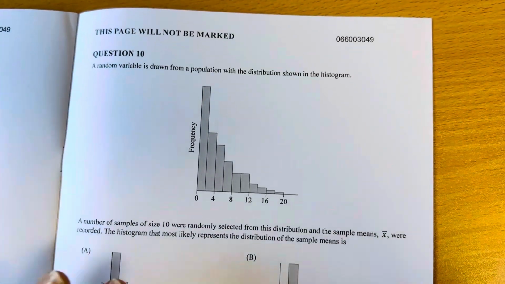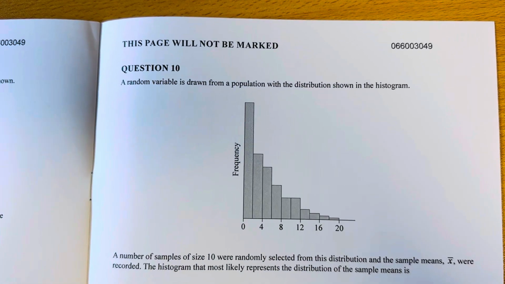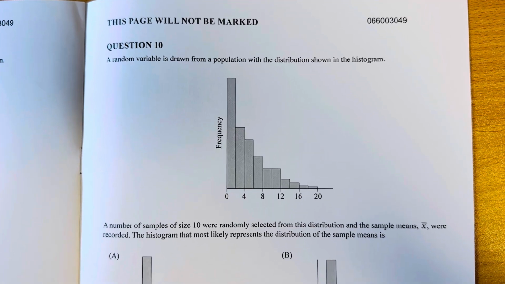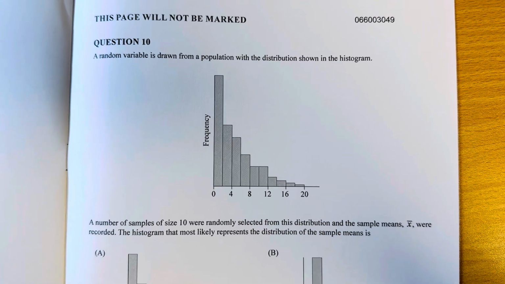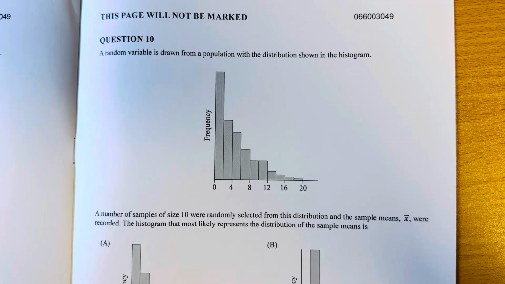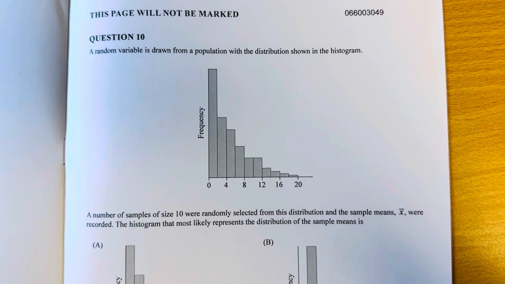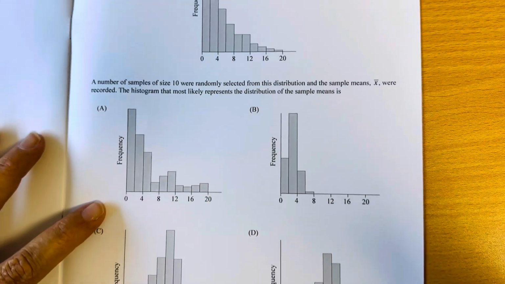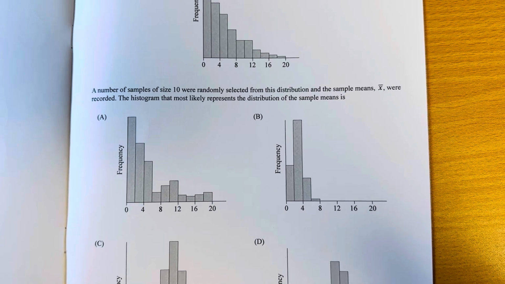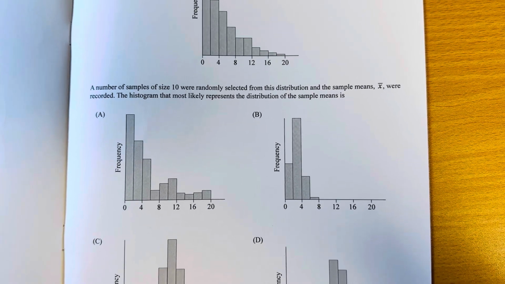And the last one, question 10, is a random variable drawn from a population with the distribution shown in the histogram. Notice this distribution is not normal, it's skewed. A number of samples of size 10 were randomly selected from this distribution with sample means x bar were recorded.